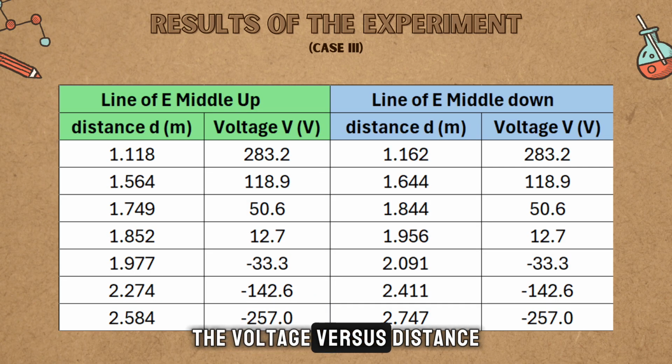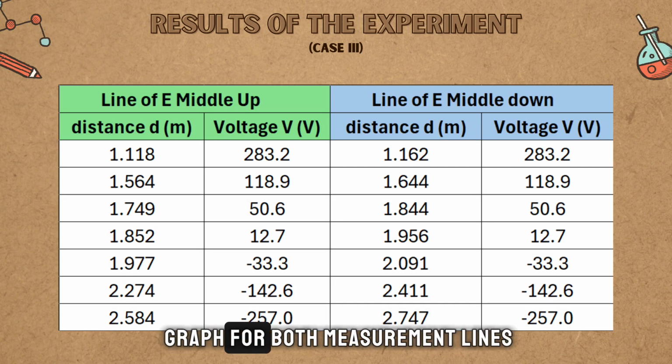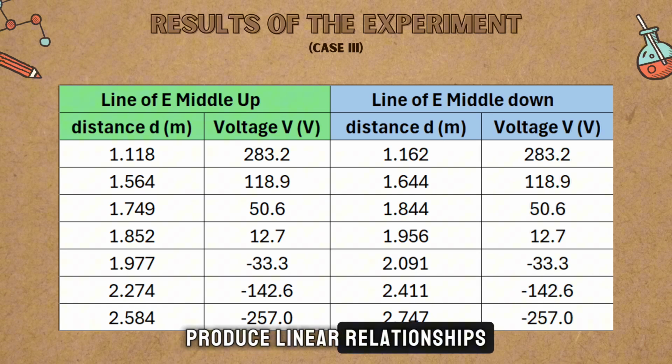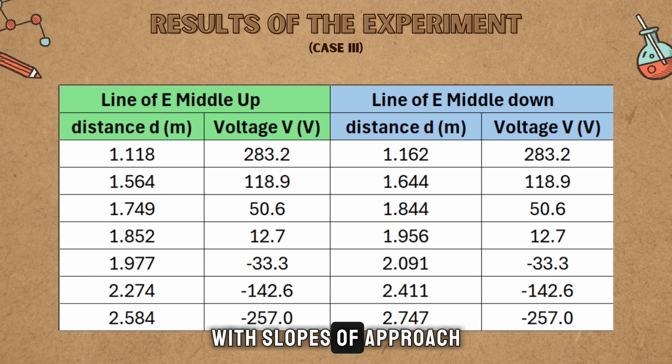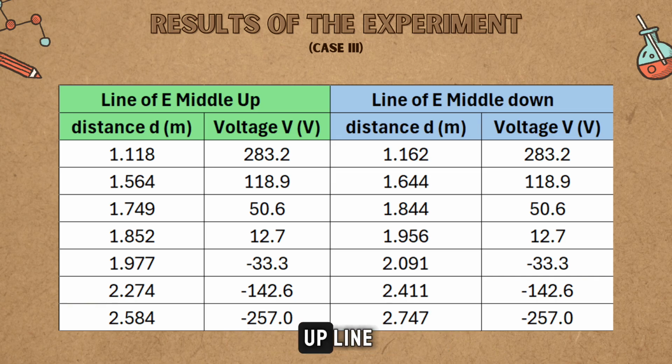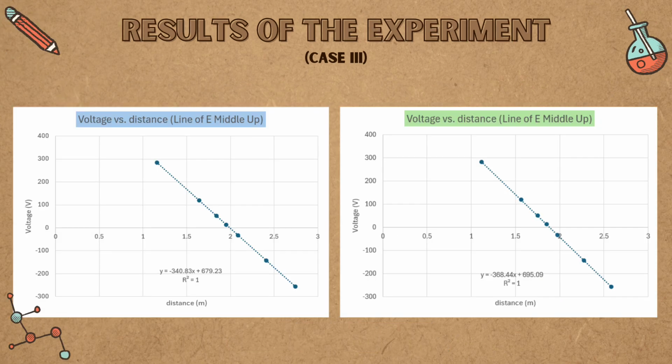The voltage versus distance graphs for both measurement lines produce linear relationships with slopes of approximately negative 368 volts per meter for the middle up line and negative 341 volts per meter for the middle down line, both with an R-squared value of 1.